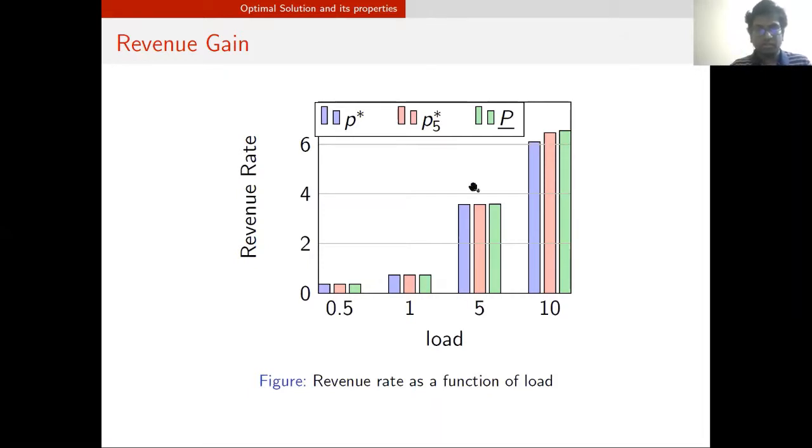Uniform pricing works okay when you have low loads, and as a heuristic it's good, and even performance-wise it kind of matches the optimal pricing. But as you increase the system load, uniform pricing is no longer very good.